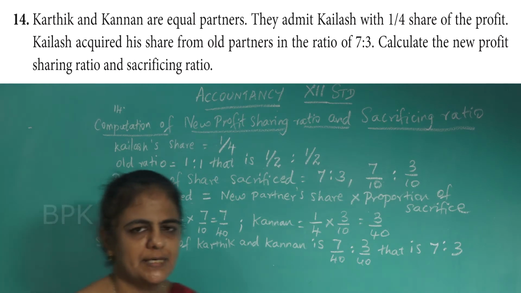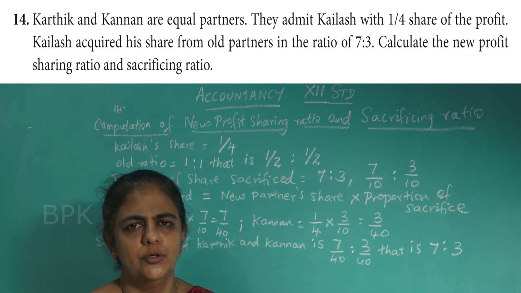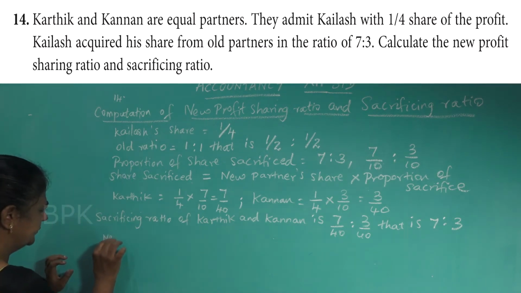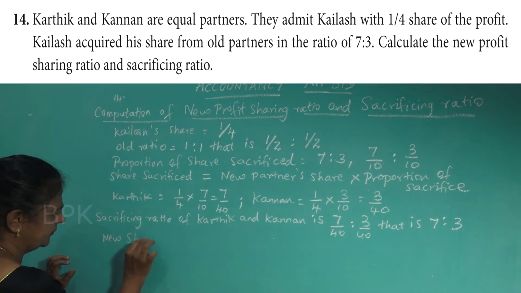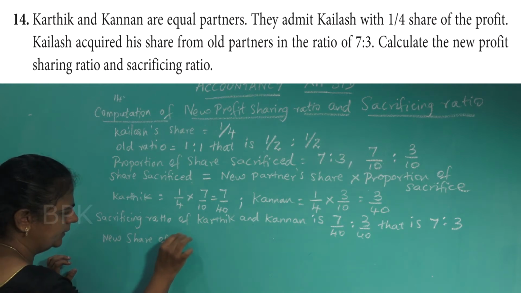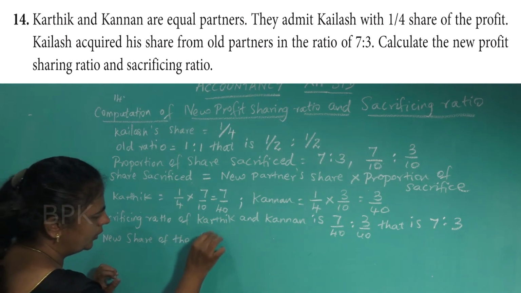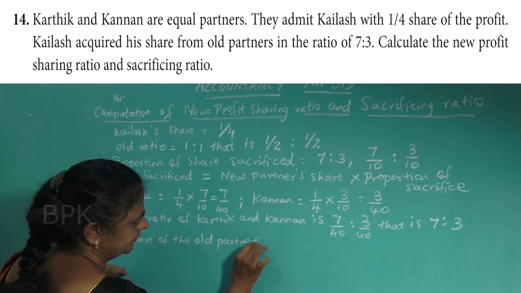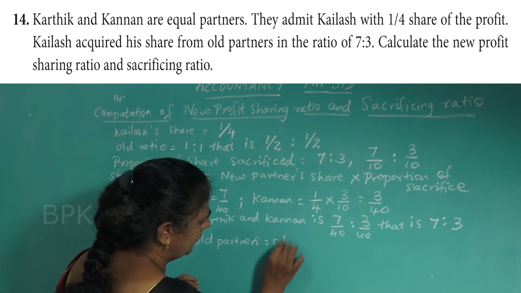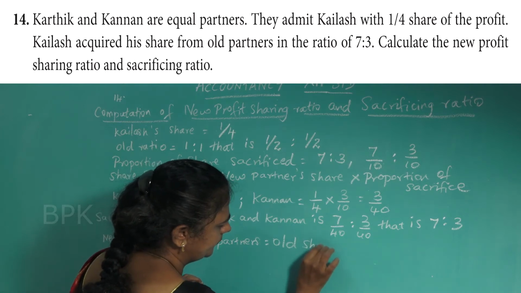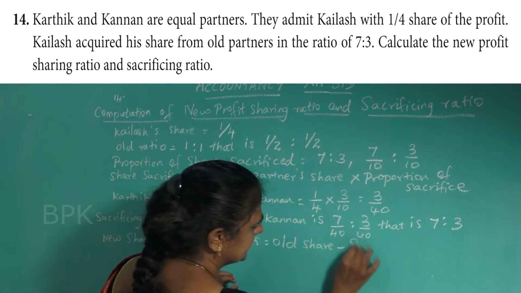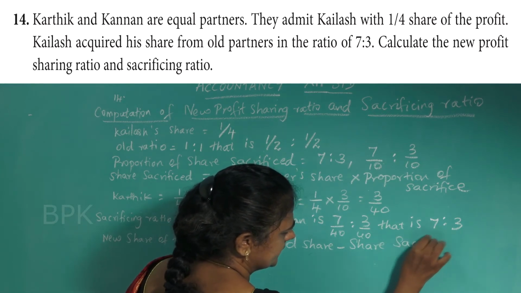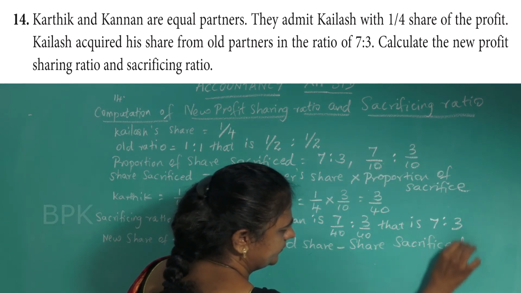Now what you have to calculate? You have to calculate the new profit sharing ratio. New share of the old partners is equal to, what is the formula? Old share minus share sacrificed.